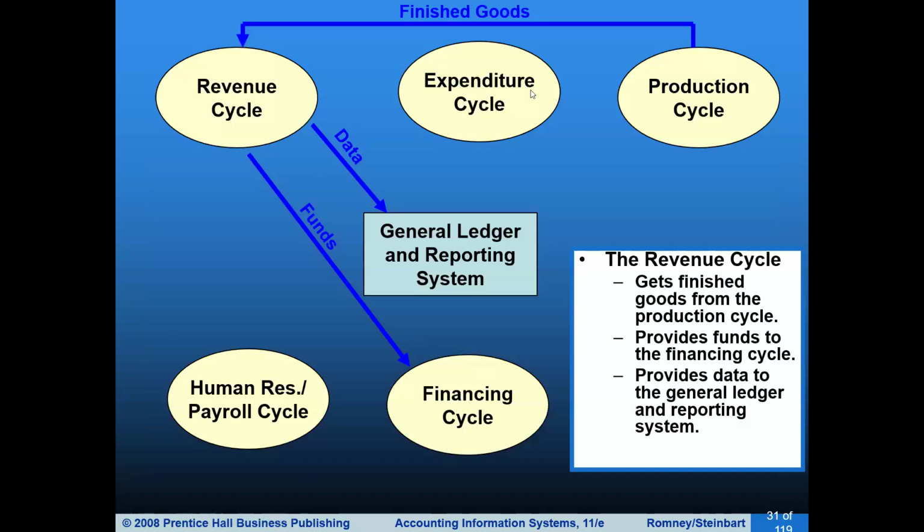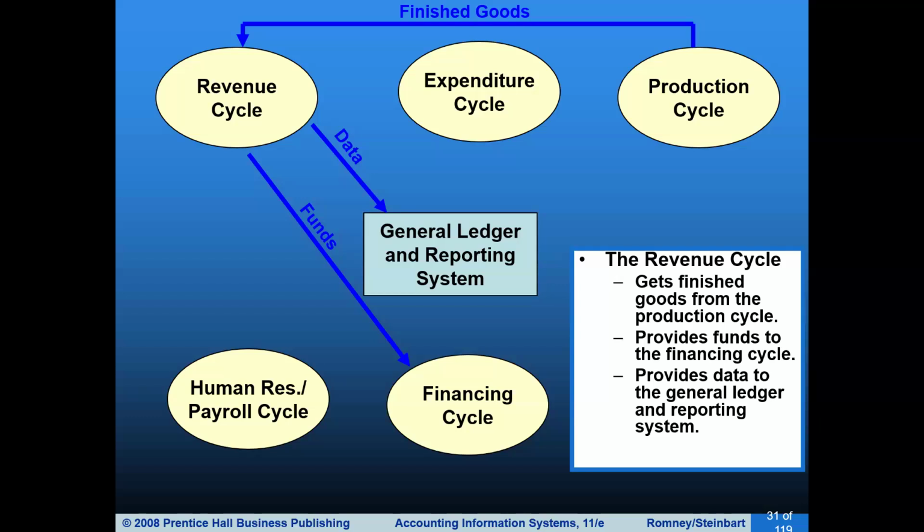Now you can see here how all these cycles are connected: the revenue cycle, the expenditure cycle, the production cycle. Right now, you know what the revenue cycle is and what transactions are included in it. For the expenditure cycle, you know what transactions, what documentation, what information, what decisions come under each cycle.